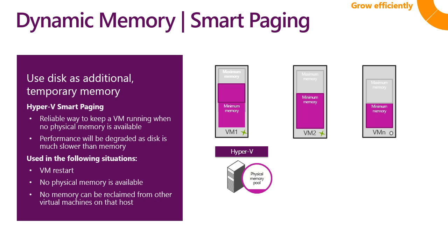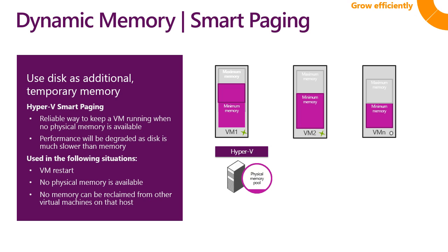Its goal is to provide a reliable way to keep a VM running when the server is very physically memory constrained. The startup of that VM may actually be a lot slower, because if it's hitting a mechanical drive, or even potentially an SSD, which is still slower than system memory, there are going to be some performance penalties as you restart that VM, but then it should be back up and running.